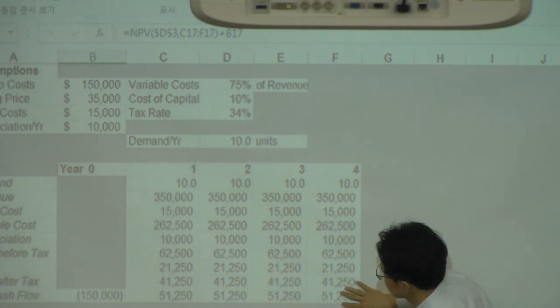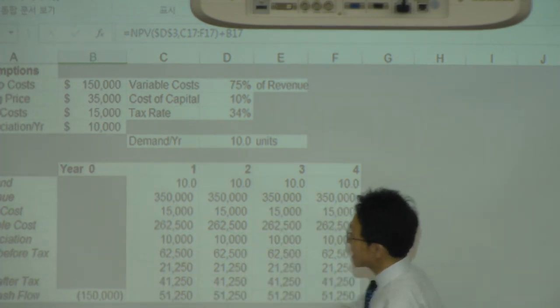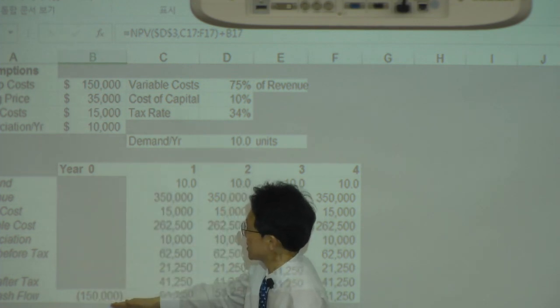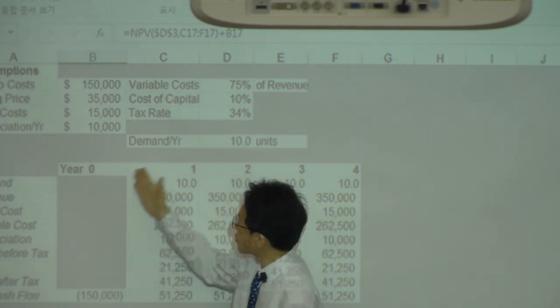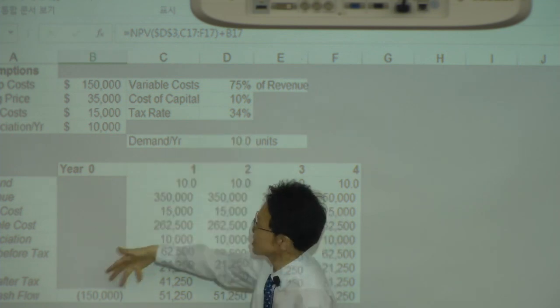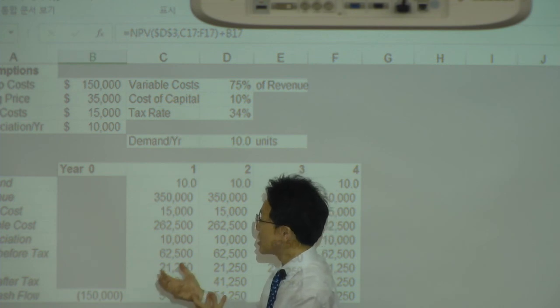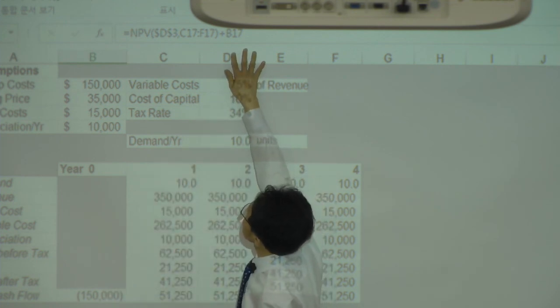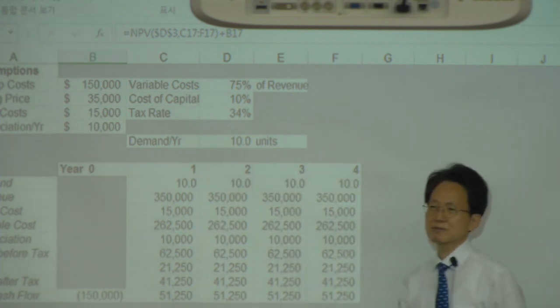So I want to take the net present value. And then because I spent $150,000 at the very beginning of this whole time horizon, I don't need to discount this one because this is right now, the current moment. So I just add B17, which is this one. So that's the net present value.